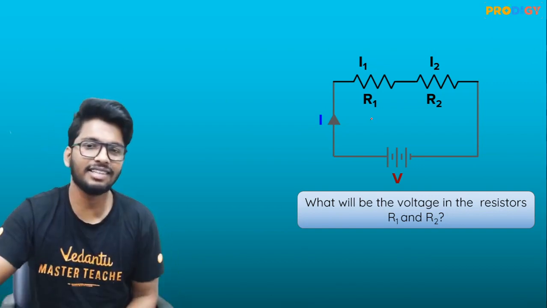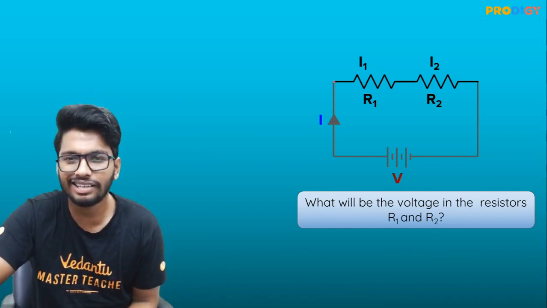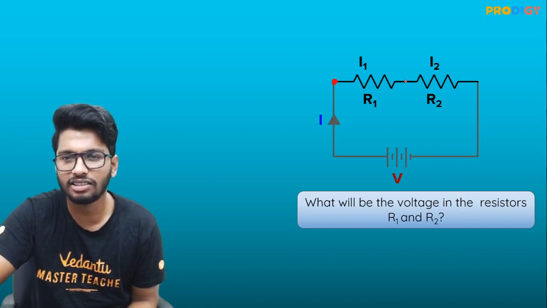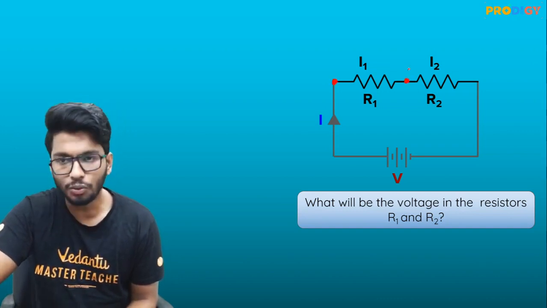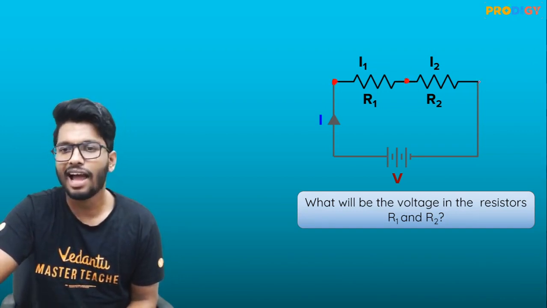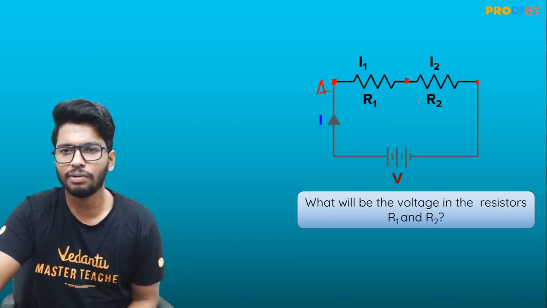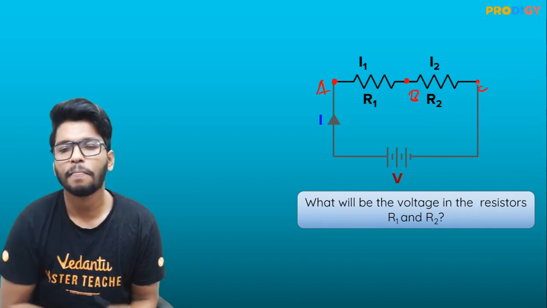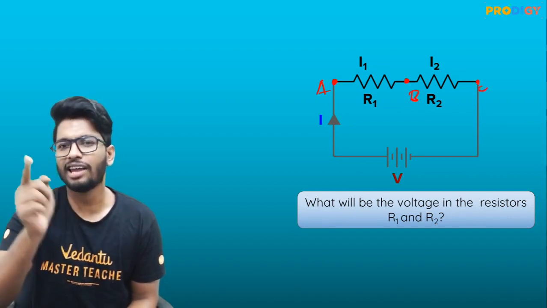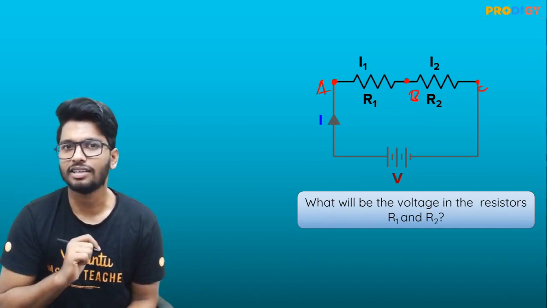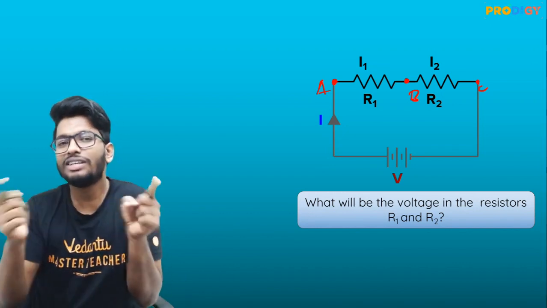See, here's the thing, guys. This resistor R1 is connected to this point and this point. R2 is connected to this point again and also this point. Now let's say that this point is A, this is B, and this is C. So R1 is connected to A and B, whereas R2 is connected to B and C. So it is connected to two different points.